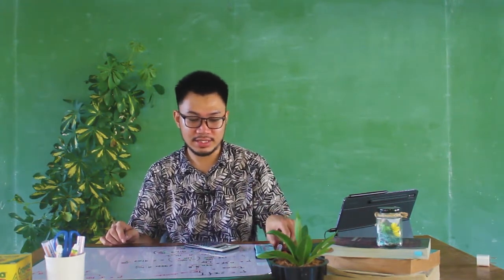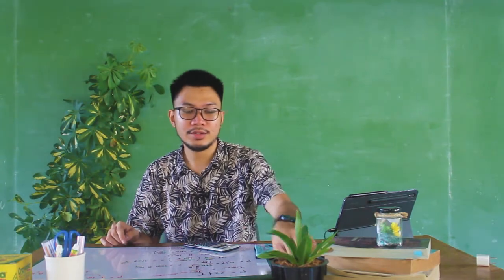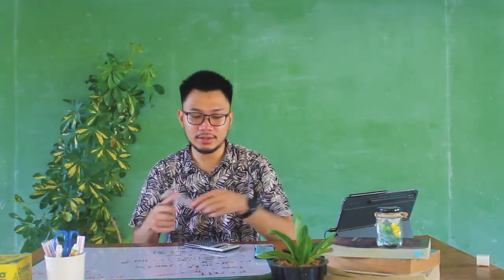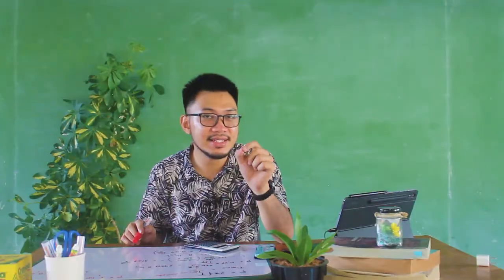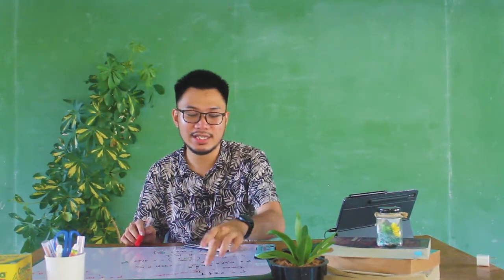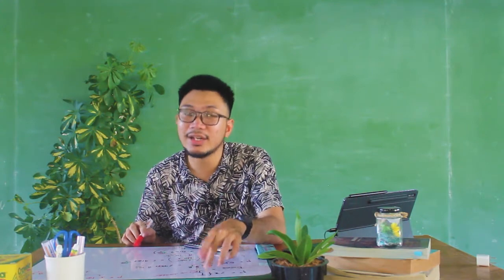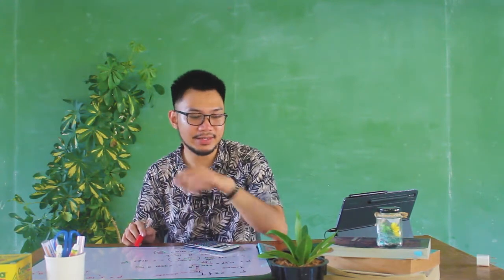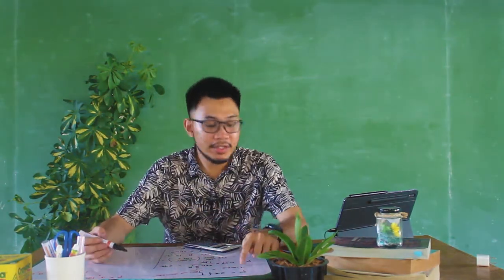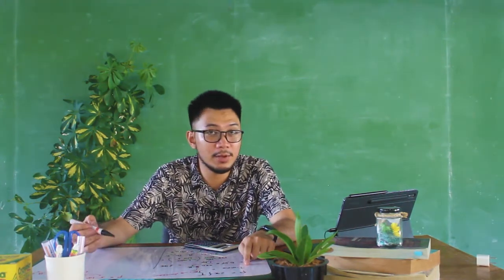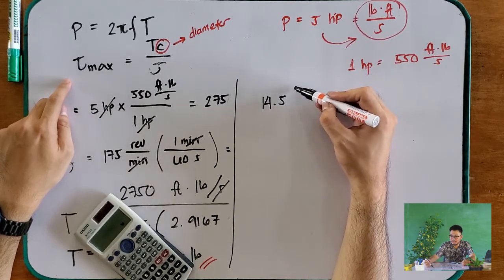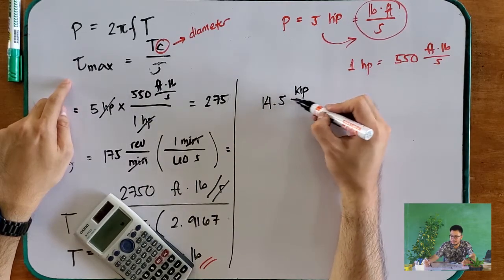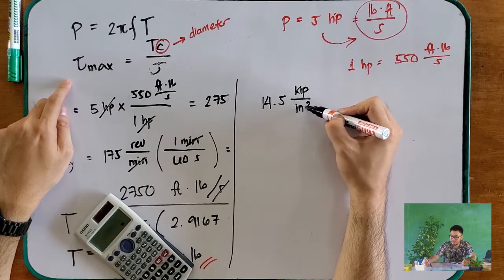Okay? So, take note, what we get first is the radius. Because C is from the center to the outermost. So we only get the radius, and then later we multiply by 2 to get the diameter. So, your allowable maximum shear stress is given as 14.5 kilopounds per square inch.